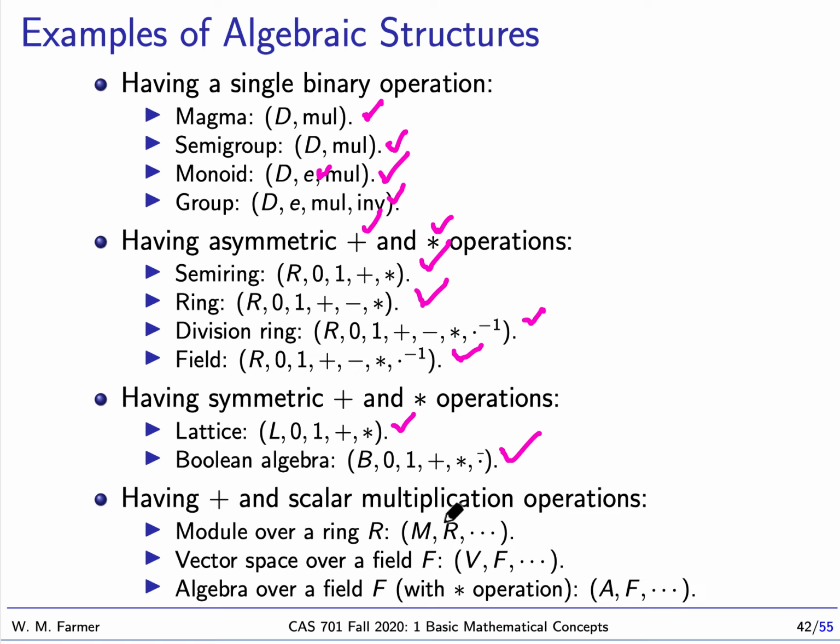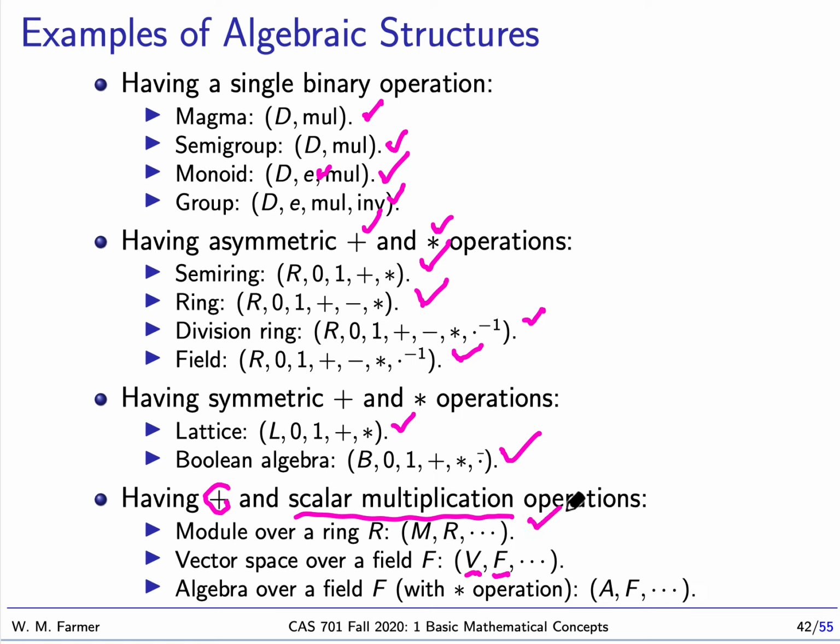Now, the last group I'm going to look at is one group you may be familiar with. That's a vector space. We have a set of vectors. We have a set of field elements. We have an addition, so we can add up vectors. And we have a scalar multiplication, so we can multiply a vector by a member of a field.